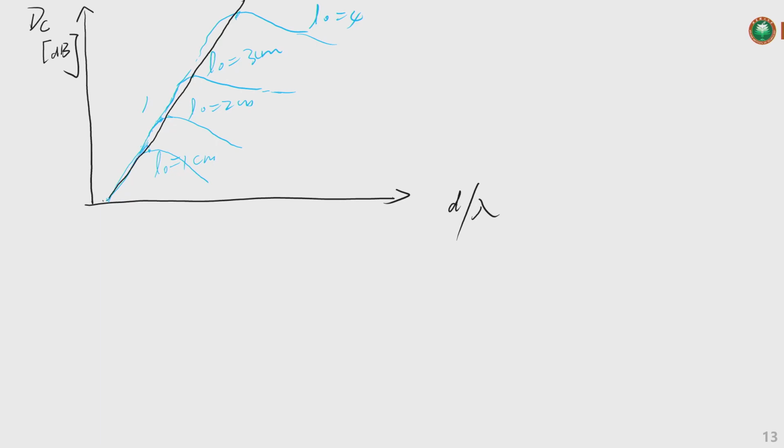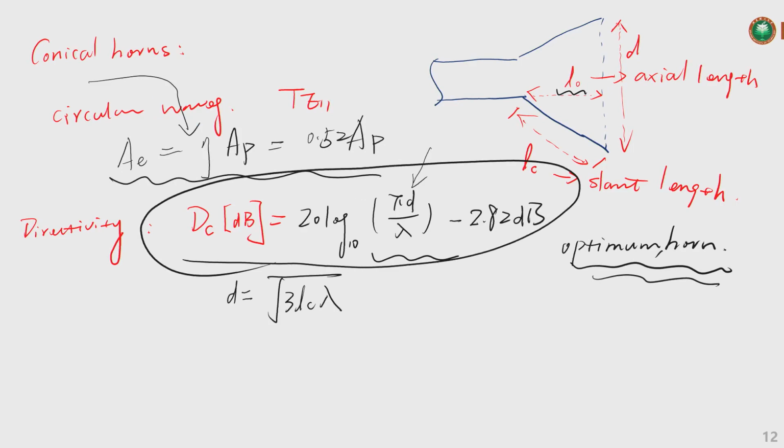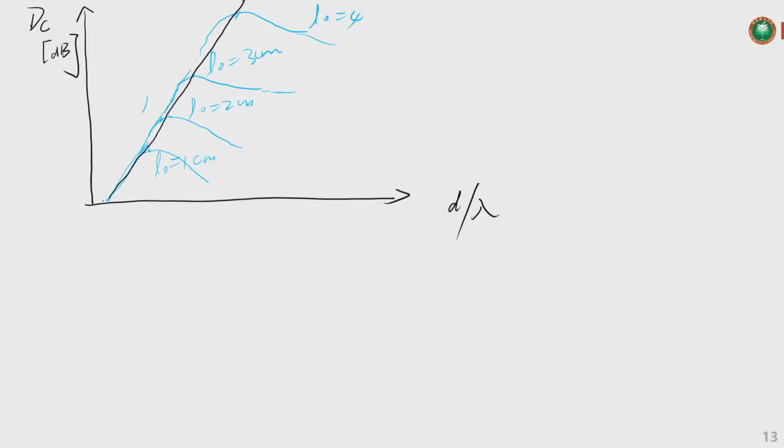This straight line can be represented by this equation. It's not just one line, but there is the optimal point. So connecting the optimal points of all these lines with respect to the axial length, we can get the expressions for this equation.